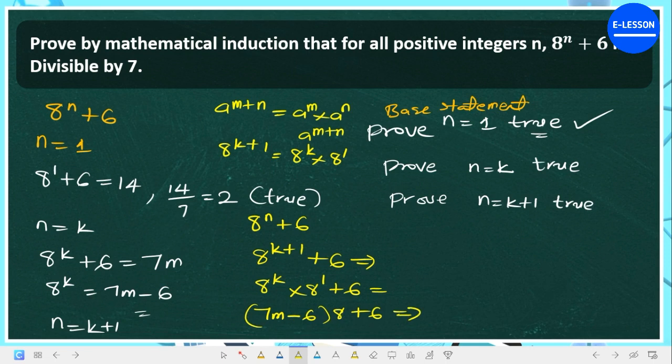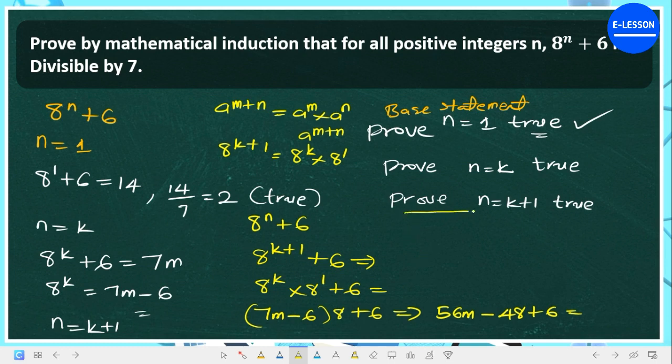Now 7 times 8 will give us 56. So 7m times 8 will give us 56m, minus 6 times 8 will give us 48, plus 6. And 48 plus 6, or rather minus 48 plus 6, is equal to minus 42.